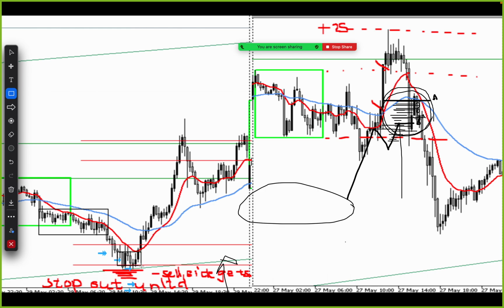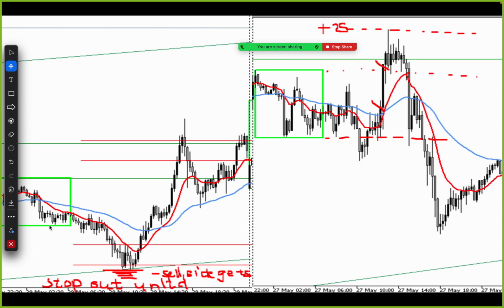There's the W in here. This being the target, the 50 EMA. So you enter on the second leg, close on hammer, 10:30 a.m. South African time.